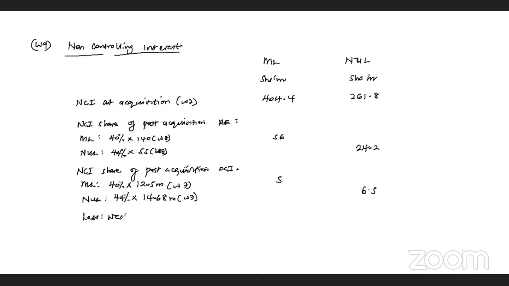Then maybe the other adjustment which you have to make is to less the NCI share of investments in NUL. The NCI in ML have a share of 40% in the cost that ML paid to acquire shares in NUL. That was 635 million. That share of investment is eliminated. We have to deduct it from the NCI of ML, and this is 254.